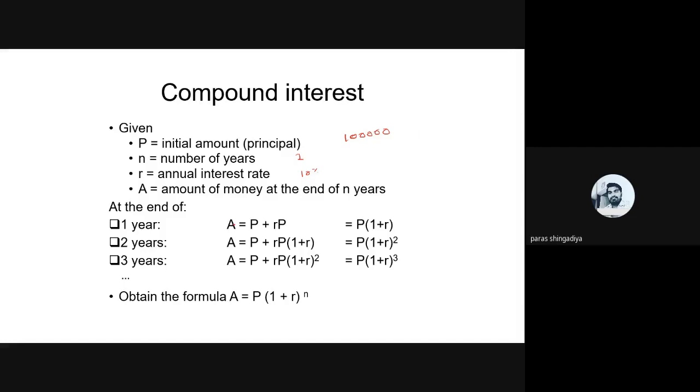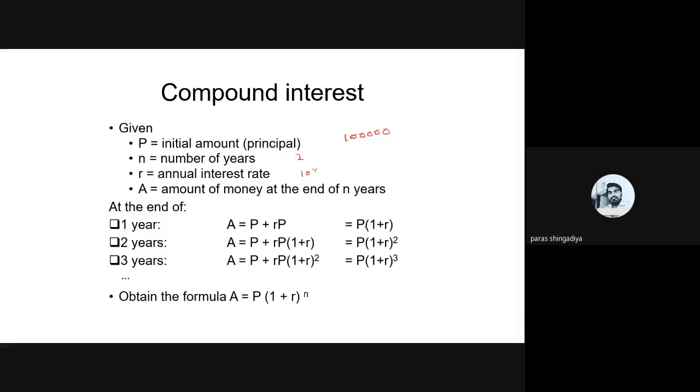That is the meaning. But for the second year, third year, fourth year, how can we predict the final amount? If you invest 1 lakh for 10 years with a 10% interest rate, how can we check the final amount directly? That is called the compound interest formula.